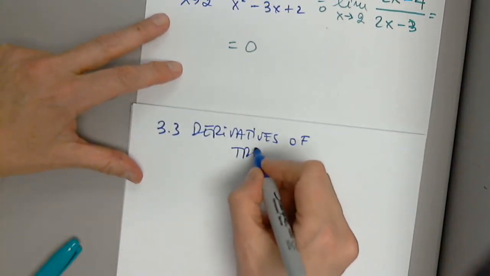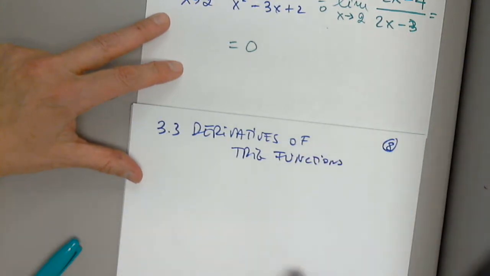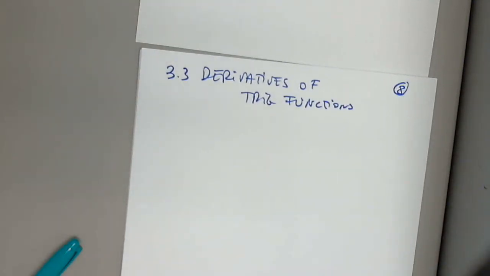Derivatives of trig functions. Ready? In the past, I would always ask my students to say which derivative they want me to show, either the derivative of sine or the derivative of cosine.